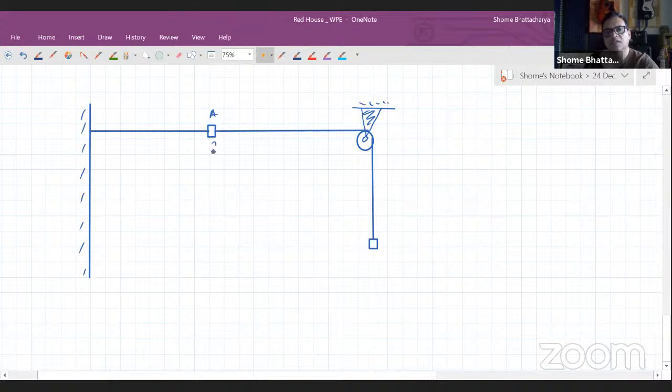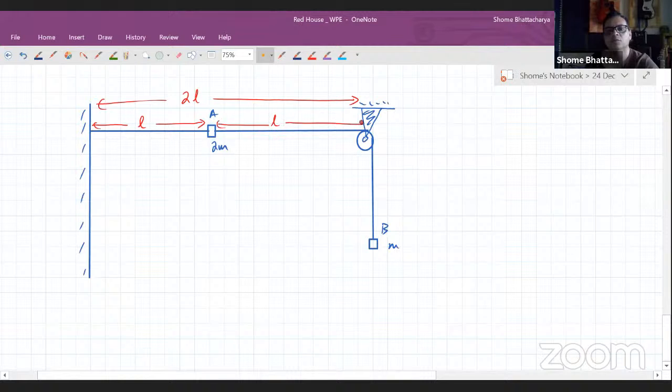Okay. So A has a mass of 2m, B has a mass of m, and this total length is 2l, whereas this length is l. So basically this length is l and this length is l. A itself is small compared to this, so you neglect the size of A and B. They're very small objects, so you can treat them like particles.